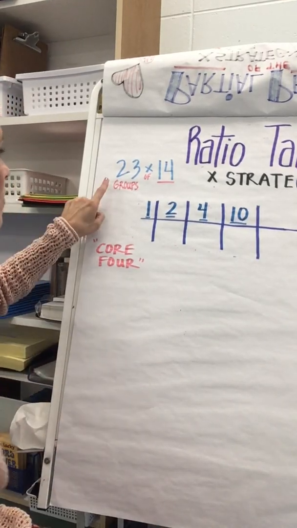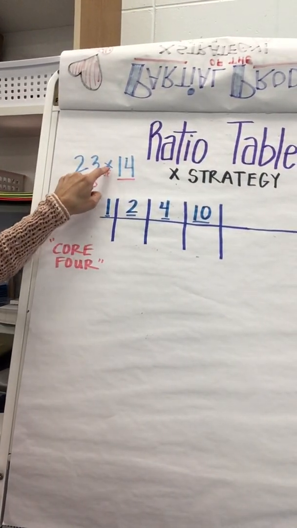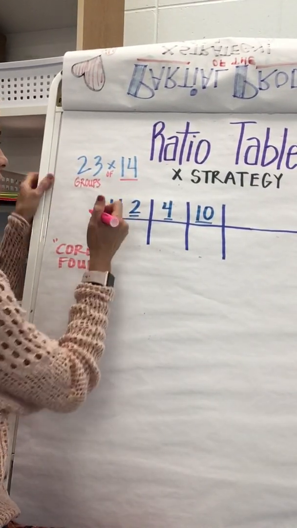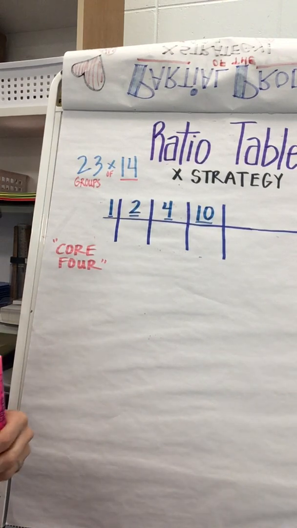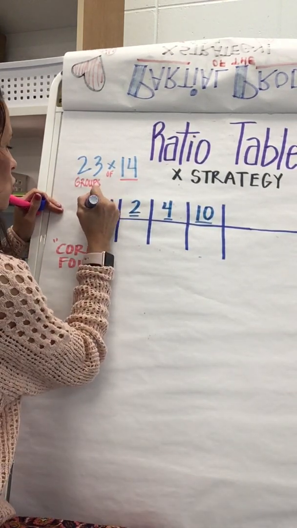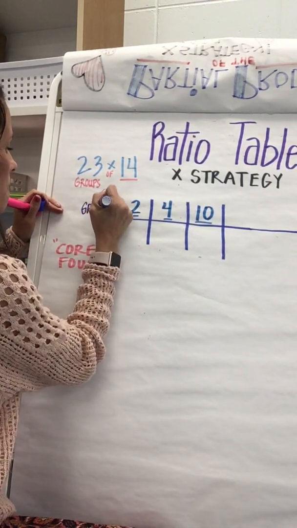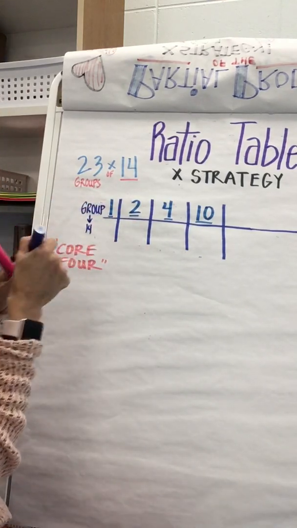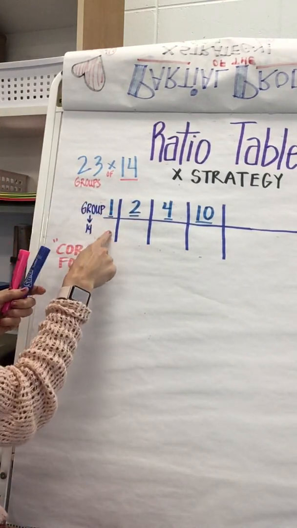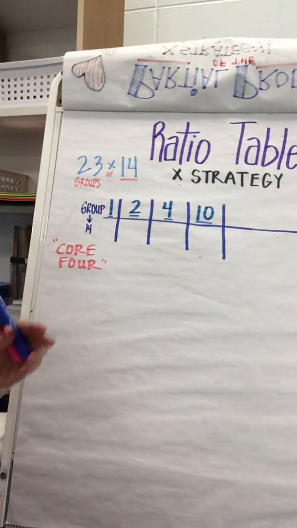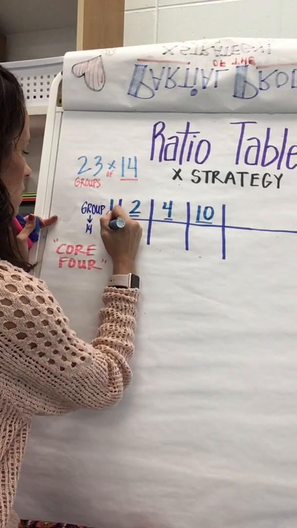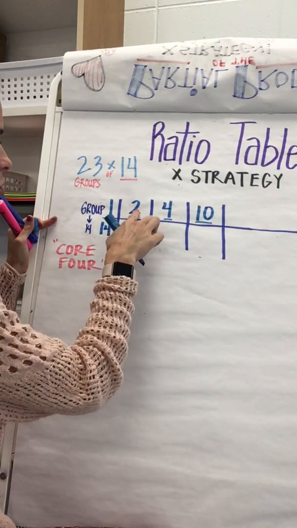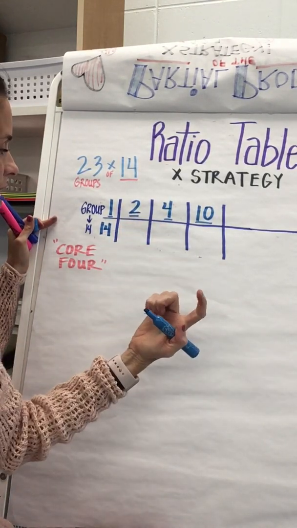So this is 23 groups of 14 that we want to solve for. First, we need to know what just one group of 14 is. One group of 14 is 14, right? So what's two groups of 14, and how can I find that?